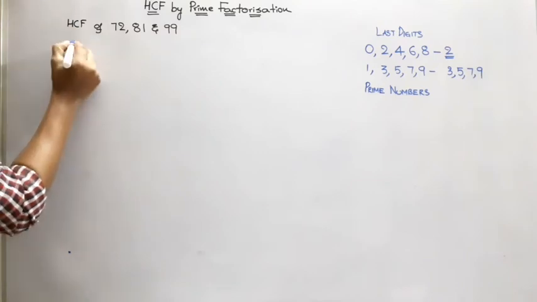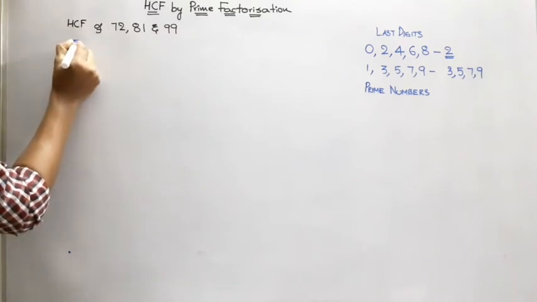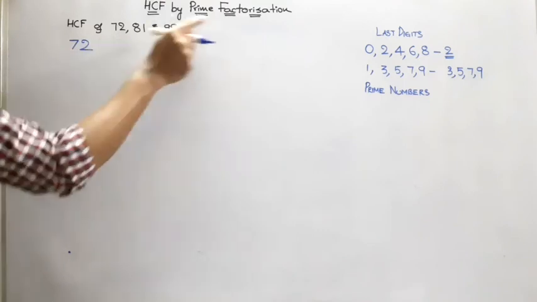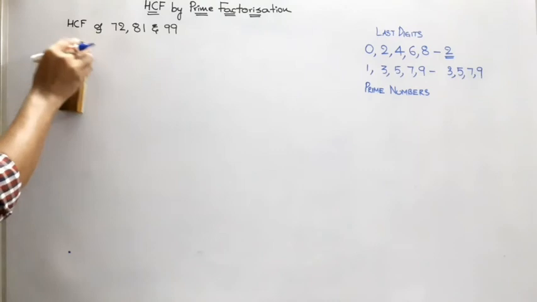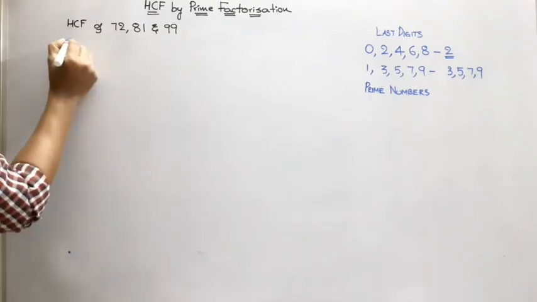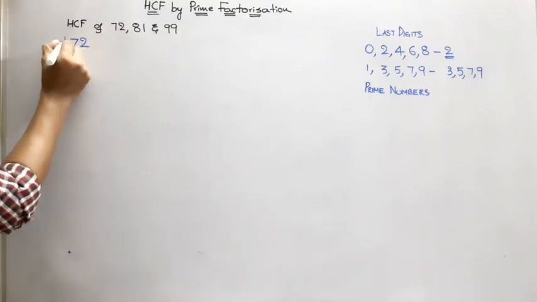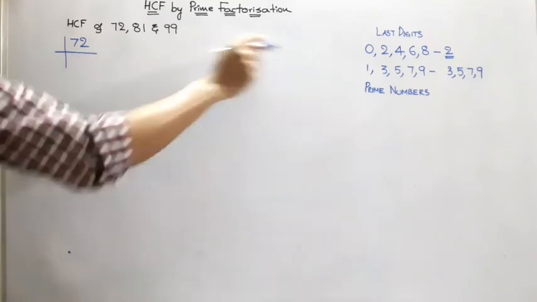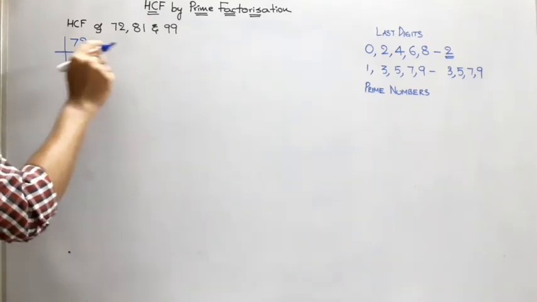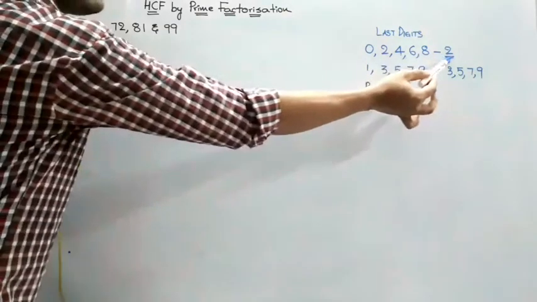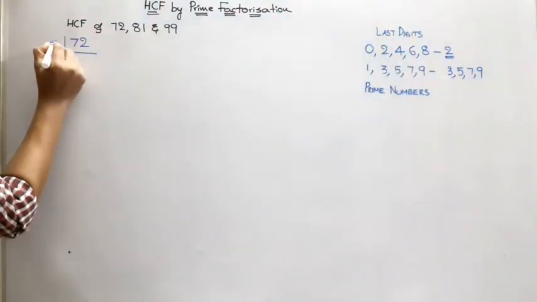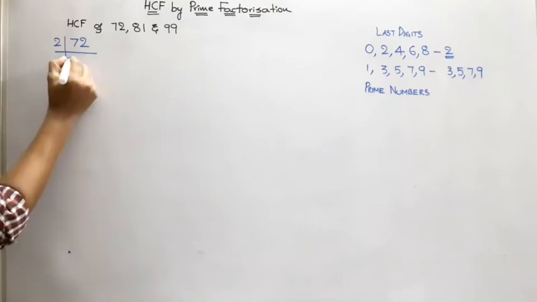What is the first number for which we have to find the prime factorization? 72. So clearly, what is the last digit of 72? 2. So it falls in the first group, hence we have to divide it by 2. 2 36s are 72.